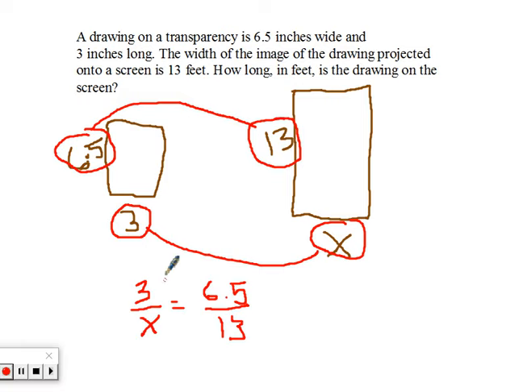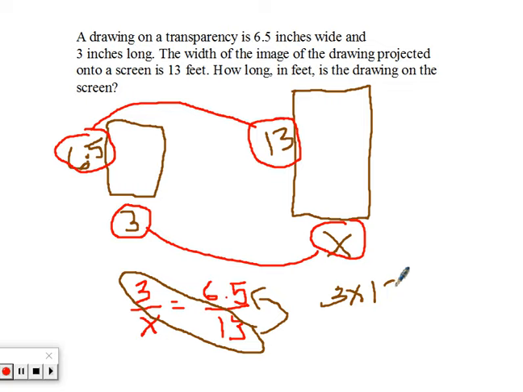Now I'm going to just cross multiply them. I know that 3 times 13 divided by 6.5 will give me the answer. So 3 times 13 equals 39.